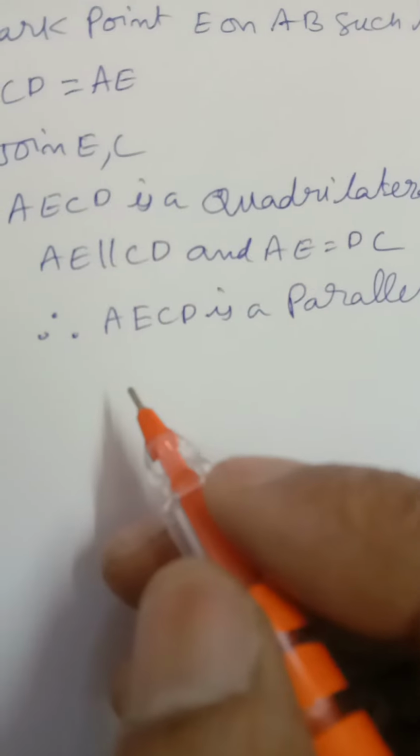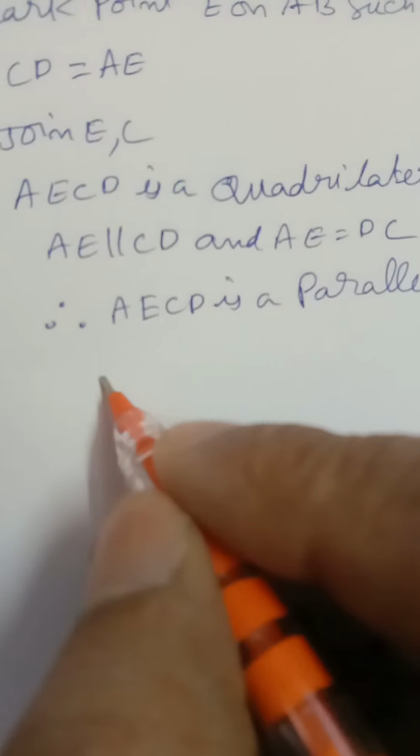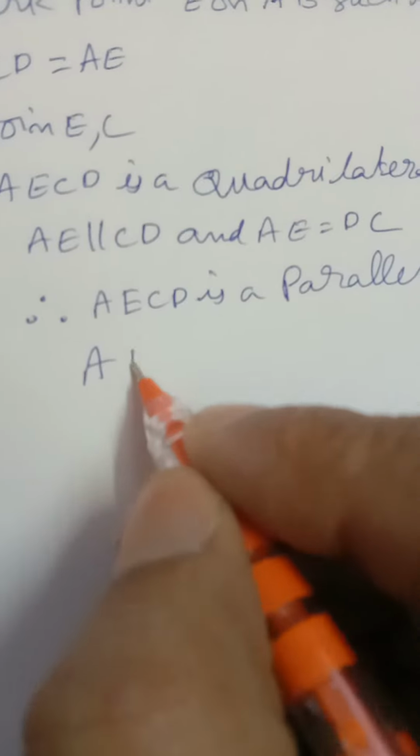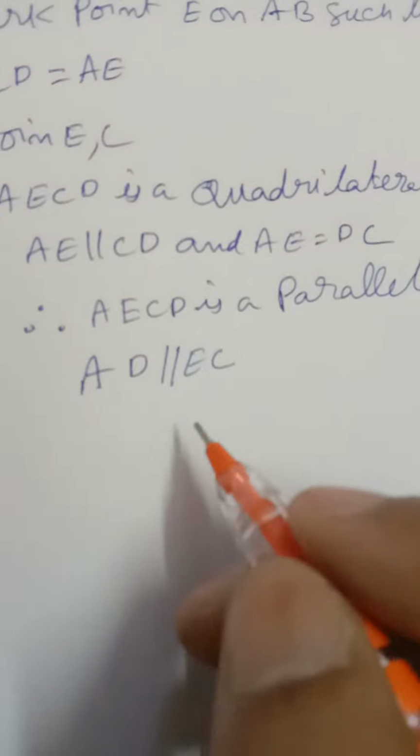Therefore, AECD is a parallelogram, so AD is parallel to EC.